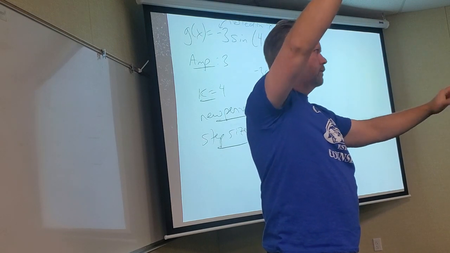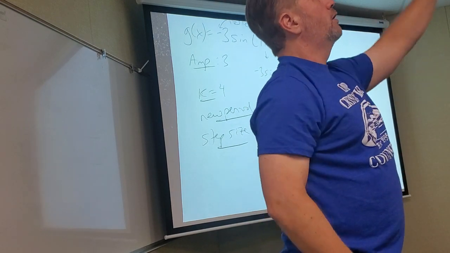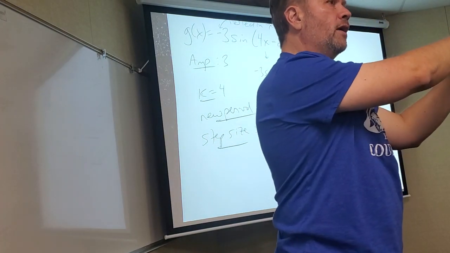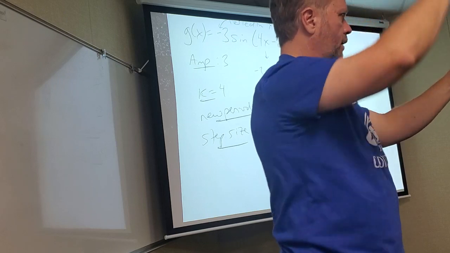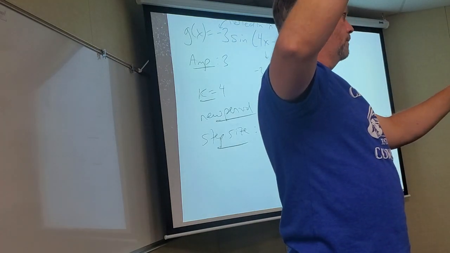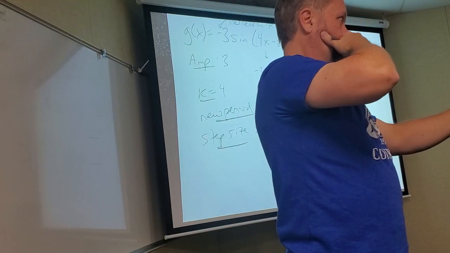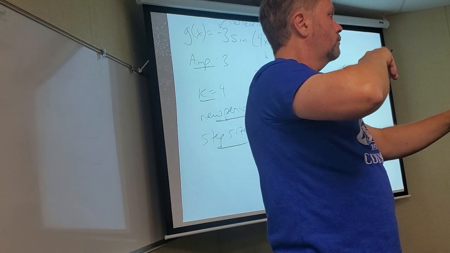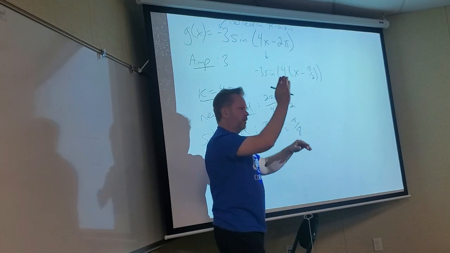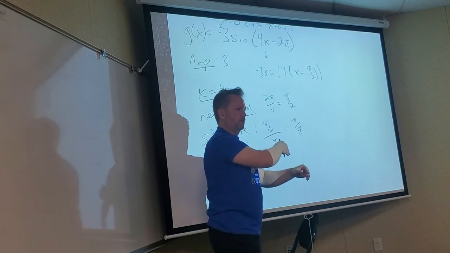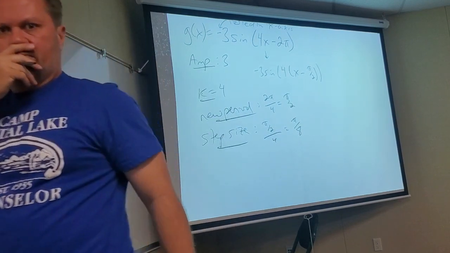Sine hits 0 at 0, it hits 1 at pi over 2, and so forth. Those are the key points where it hits its maxes, mins, and zeros, so I can fill in the shape. Whatever the period is, I chop it into 4 spots.